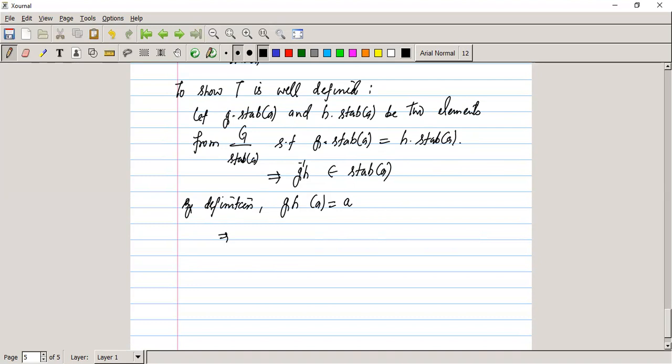Multiplying by G inverse, this gives G inverse of H belongs to the stab of A, so G inverse of H of A is equal to A. This gives H of A is equal to G of A. But by the definition of the mapping, this implies T of G stab of A is equal to T of H stab of A. Therefore, this is a well-defined mapping.